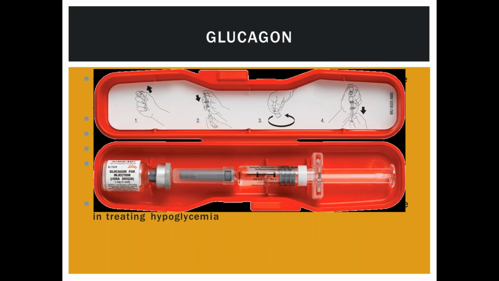That is how our glucagon comes. So we open up the glucagon kit, and we're going to see a vial with a glucagon powder in it. And then we're going to have a needle that's got a small amount of fluid in it, which is sterile water or saline. So what we do is we remove the vial cap, remove the tip of the needle. So now we have our syringe with our needle attached. We have our vial.